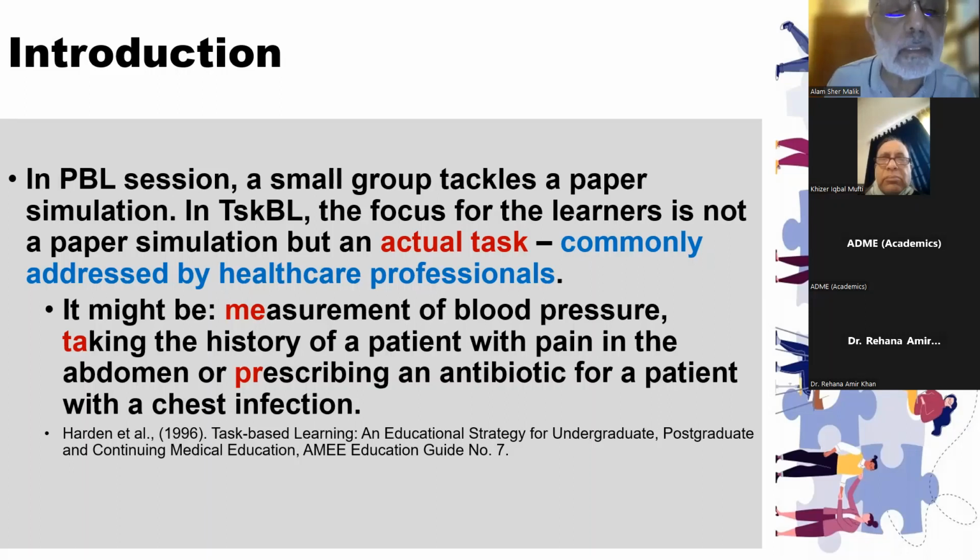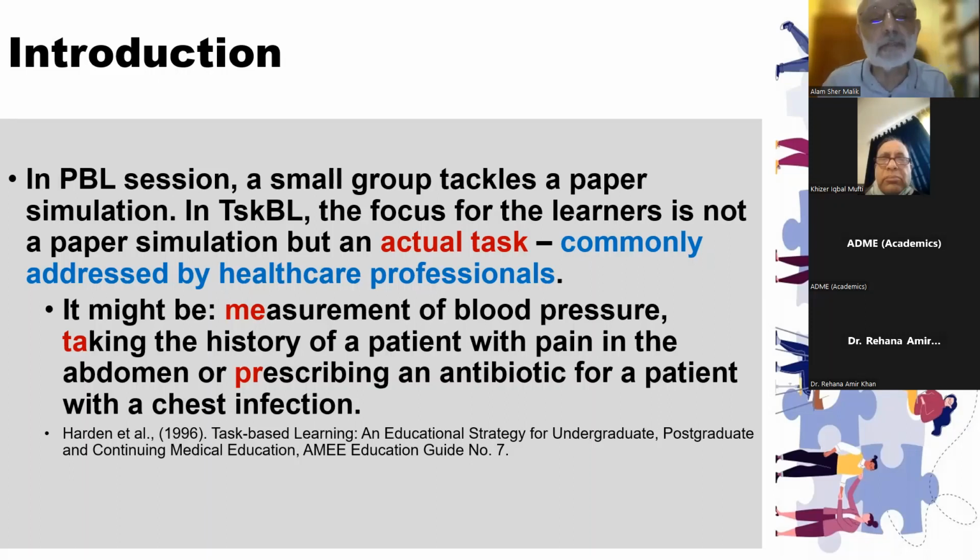So the major difference between PBL and task-based learning is that in PBL, we use a paper problem, whereas in task-based learning, it is an actual task. But the important thing is that the task should be commonly addressed by health professionals.